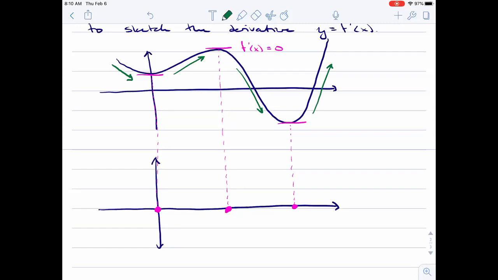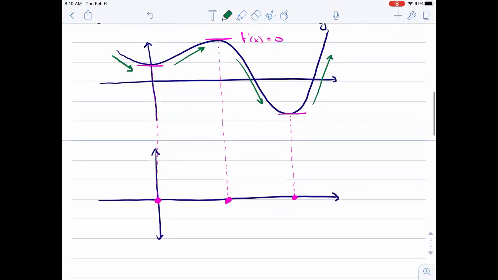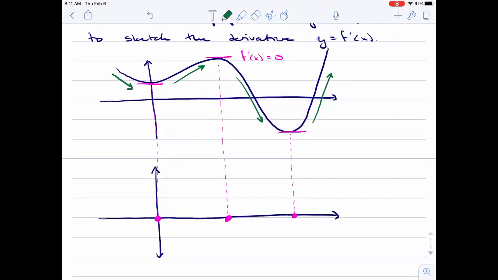So that means that for all the sections that have a negative slope, I have to be down in the negative. So y is negative. Here, y is positive. And then here, y is negative.